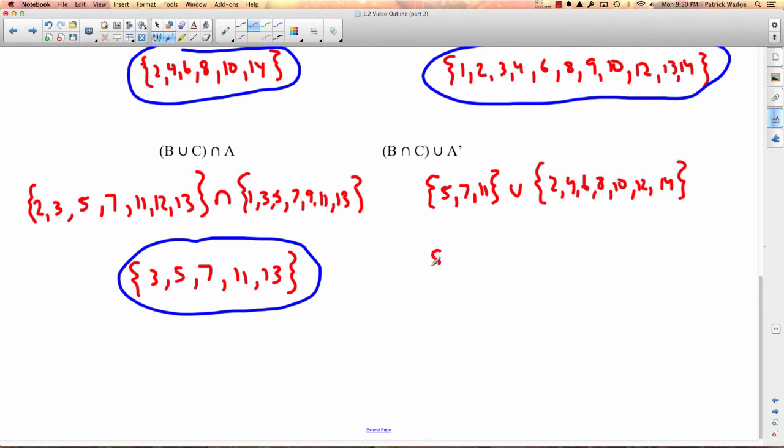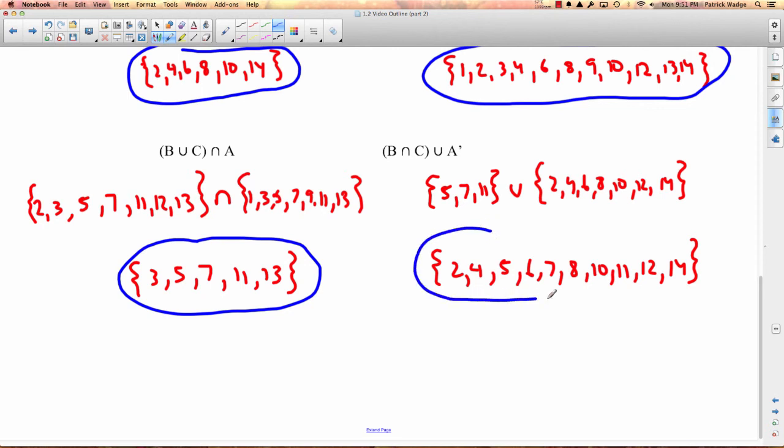So I see we have a 2, a 4, we got a 5 over here, a 6, a 7, and 8. What's next? A 10, 11 over here, 12, 14, and that should be it. So this is our final answer here.